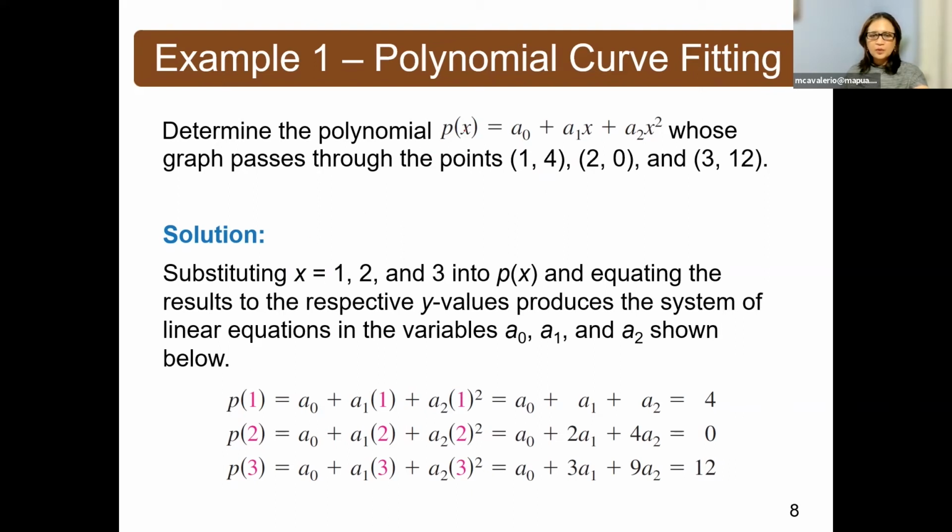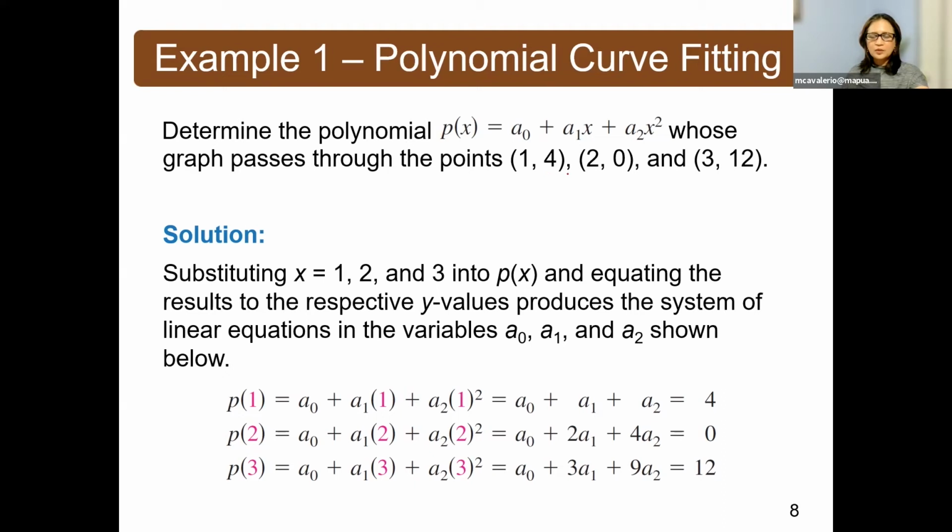For example, when x is equivalent to 1, we will have p of 1 equal to a naught plus a sub 1 times 1 plus a sub 2 times 1 squared. So we will have a naught plus a sub 1 plus a sub 2, which is equivalent to p of 1, which is equal to 4.